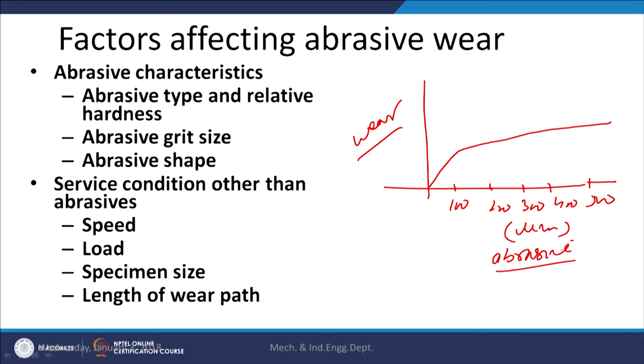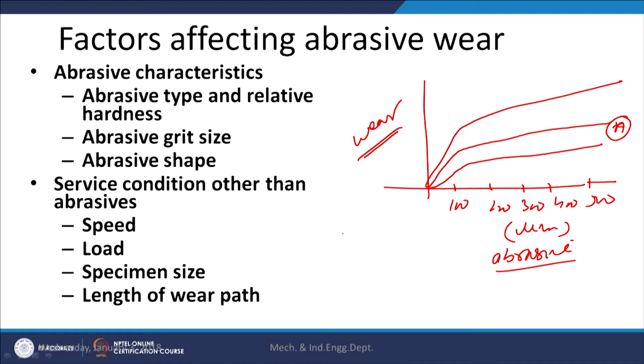However, this rate may vary for different materials. It may be like this for material A, for material B it may change like this, for material C it may change like this. So, initially there is a sharp increase in the wear with the increase of the abrasive size, and thereafter the rate of increase in the wear decreases with further increase of the abrasive size.